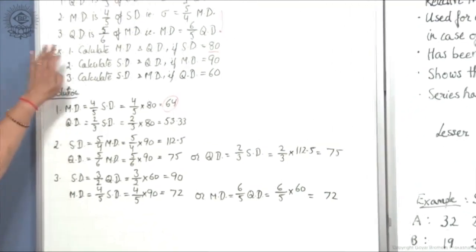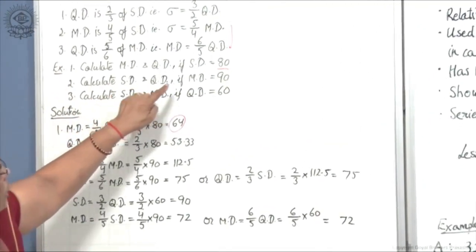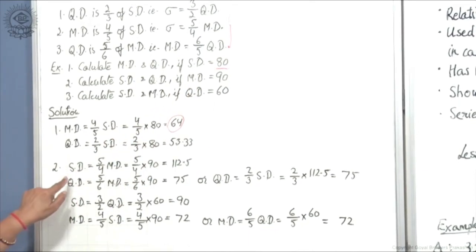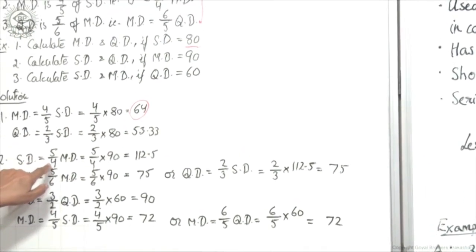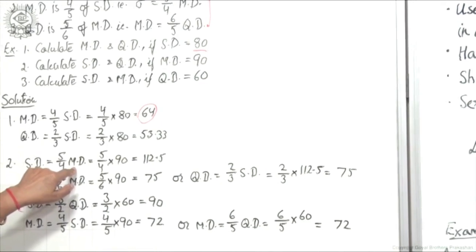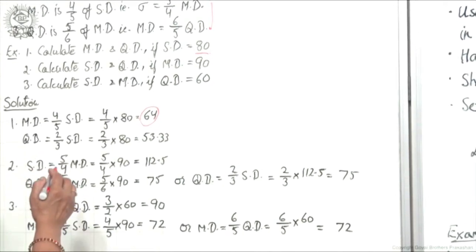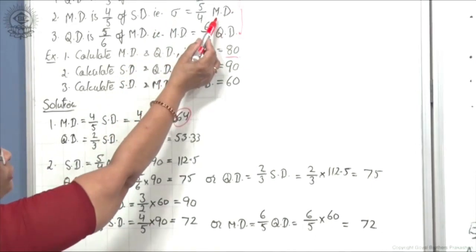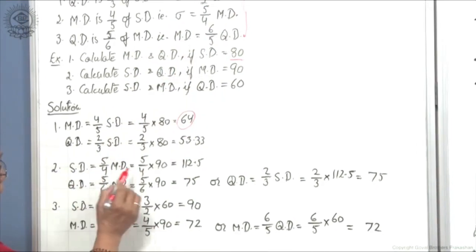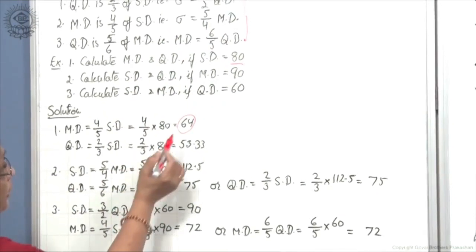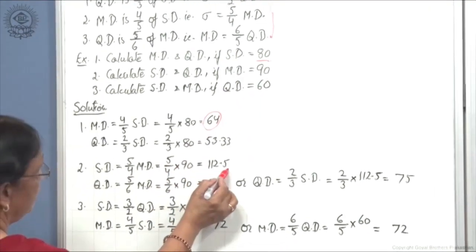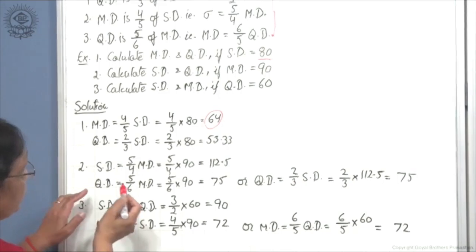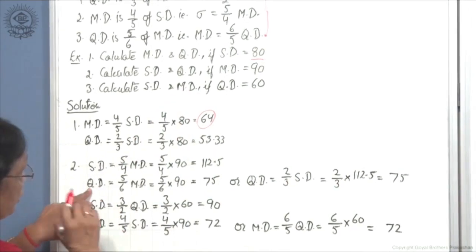Second one: calculate SD and QD if MD is 90. SD is equal to 5 upon 4 of MD, right? MD is 90, so 5 upon 4 of 90, and this is SD. Now, because MD is given, let us see what QD is.